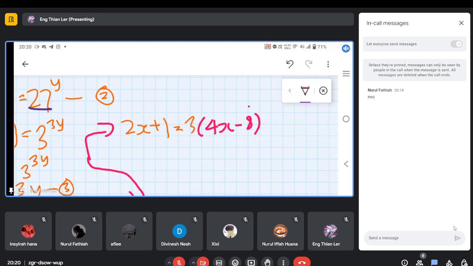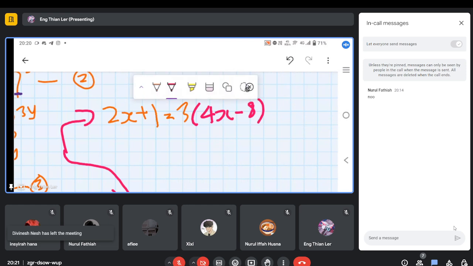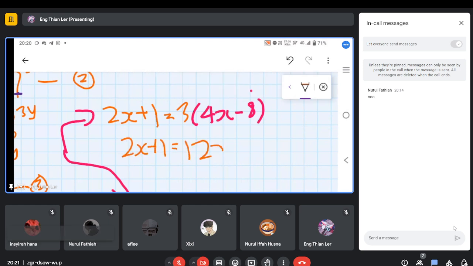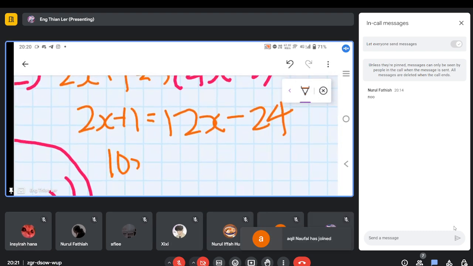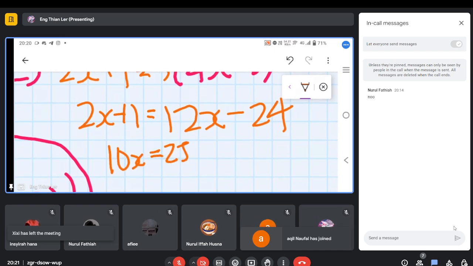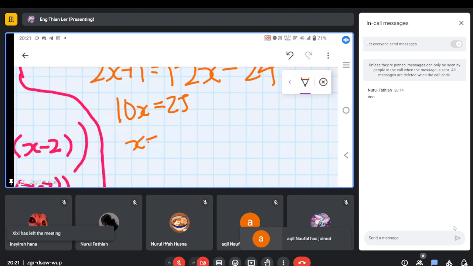We will have two values, I mean one value only, because it's not a quadratic. So we expand, and we will get 10x equal 25. x will be 5 over 2.